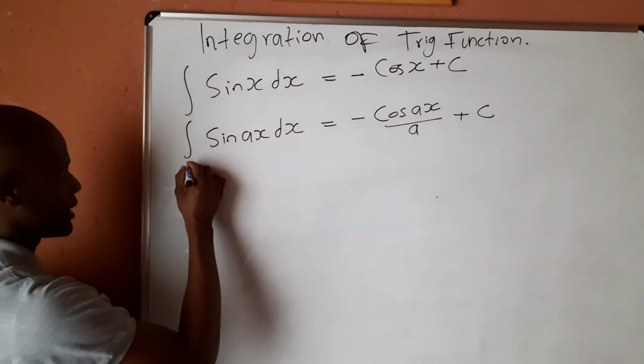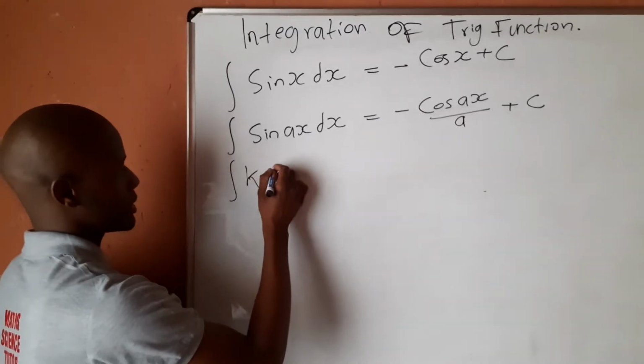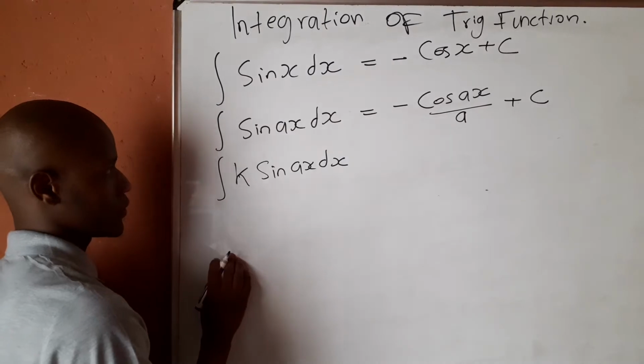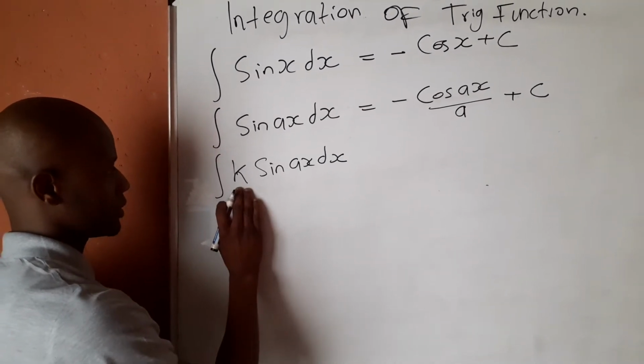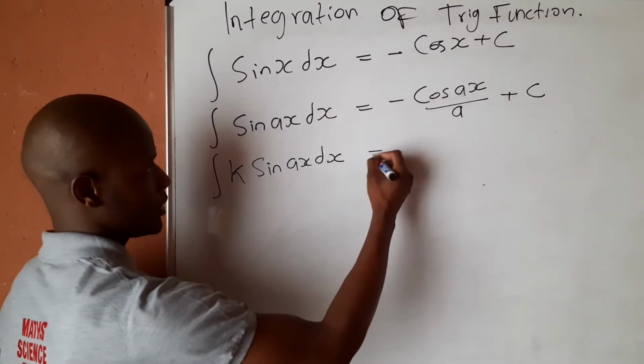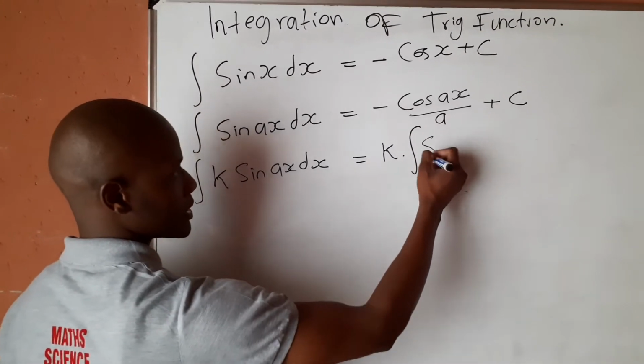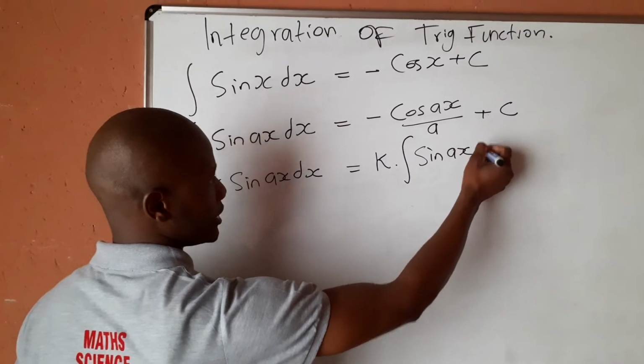They can say integrate k sine ax dx. So we take out k as a common factor. It's going to be k times the integral of sine ax dx.